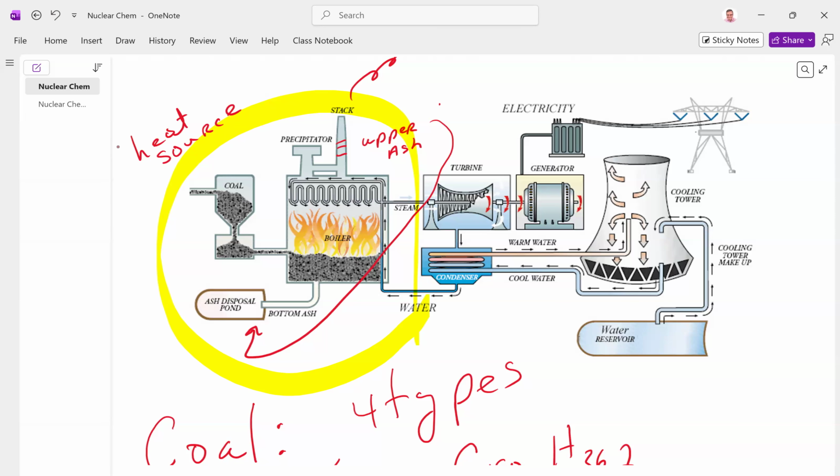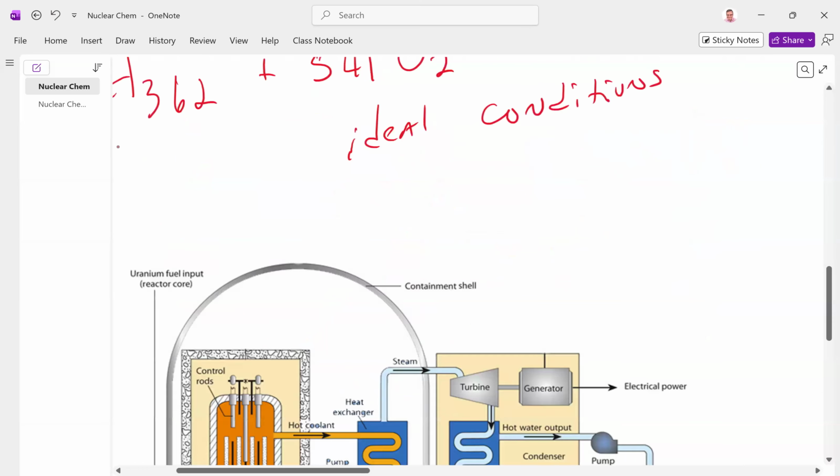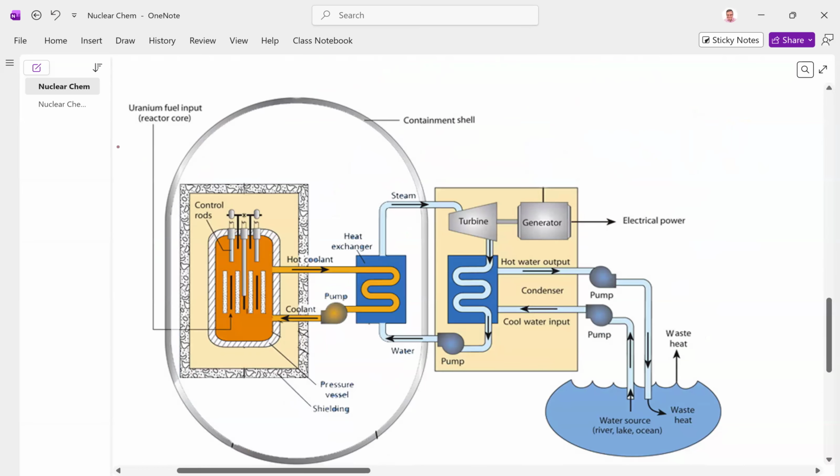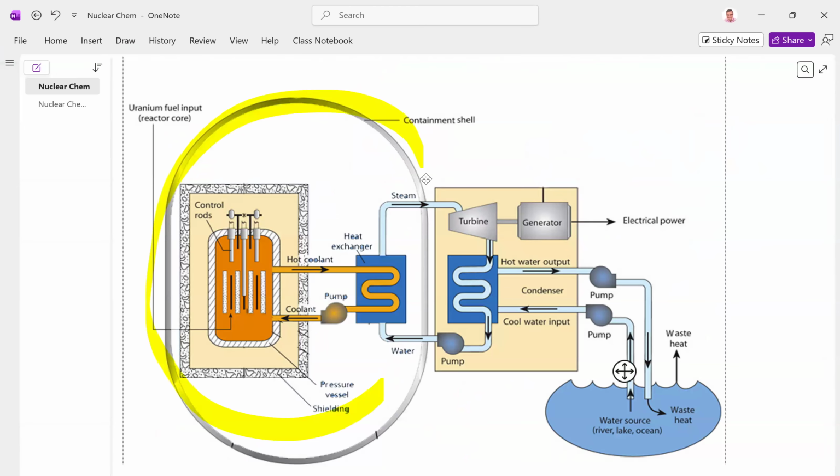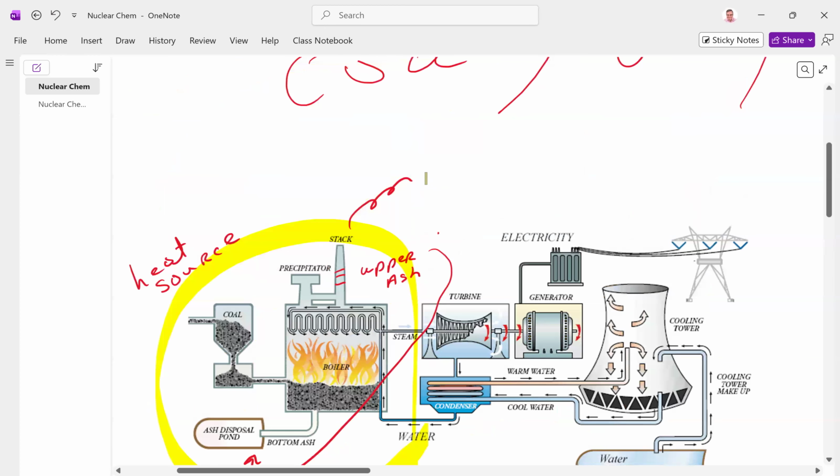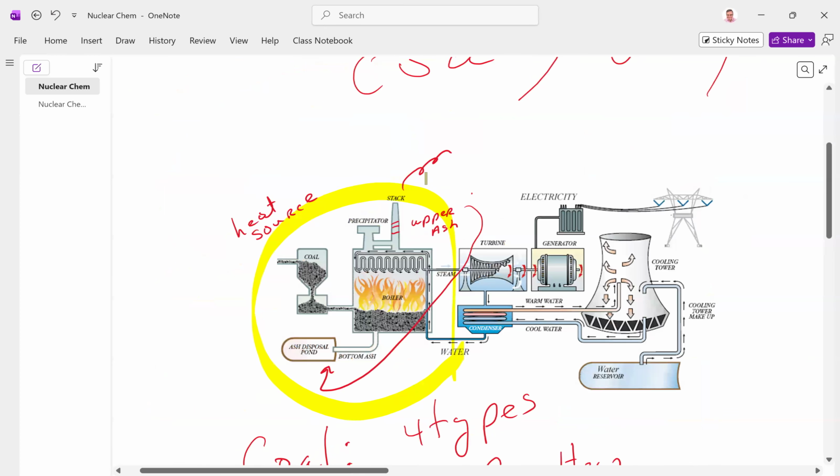And the reason why I'm differentiating the heat source is because with nuclear, that's the heat source. They're the same in terms of heat sources. The heat source is used to boil water.